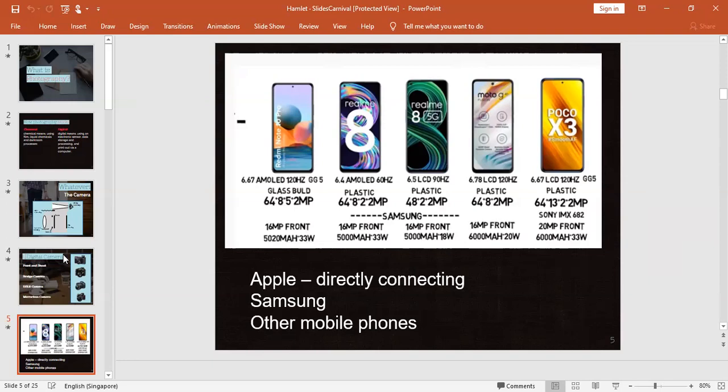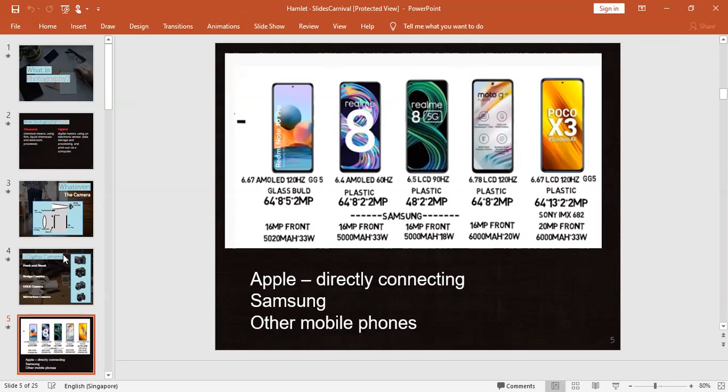Some of you might be using a Realme or a Redmi or Motorola, and there is a phone called Poco. Then Huawei and Samsung, Apple. When it comes to Apple, the picture quality and camera quality is okay, but not accurate.